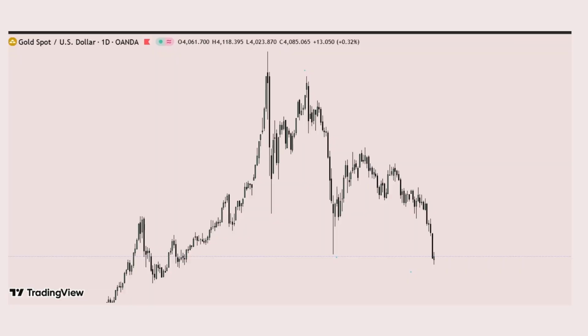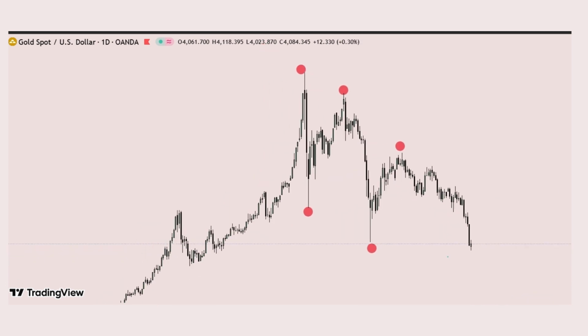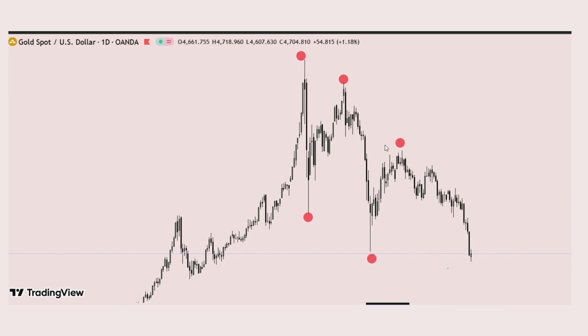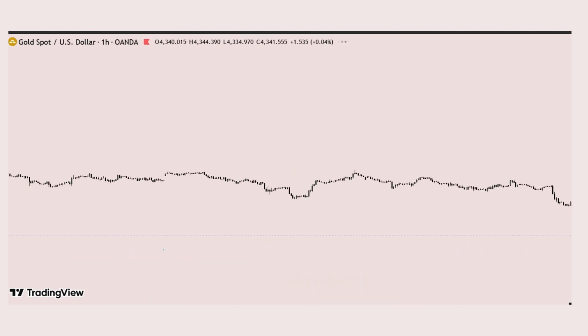Let's take a look on gold chart, a daily chart. As you can see, the market is downtrend, making a new lower lows as well as making a new higher lows. Here, let's move to hourly chart to see trend line liquidity, ascending or descending, both.